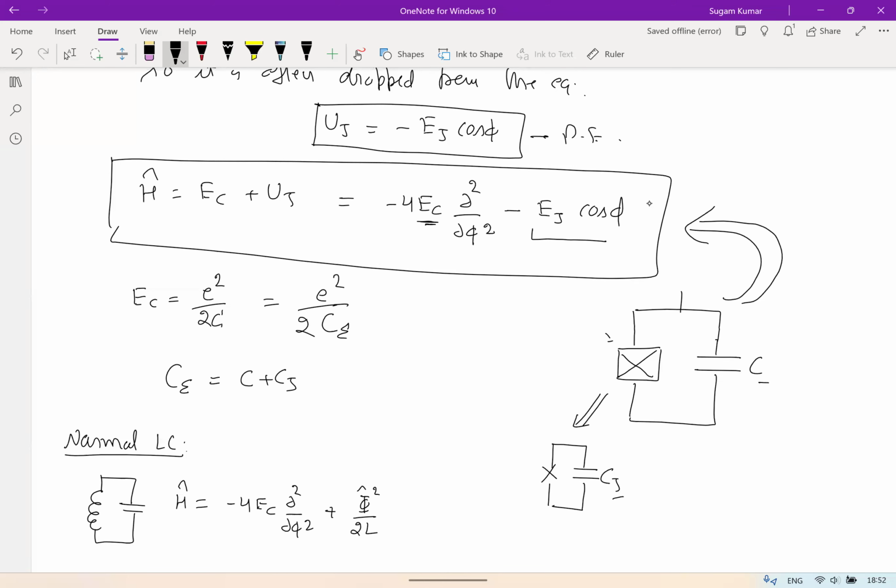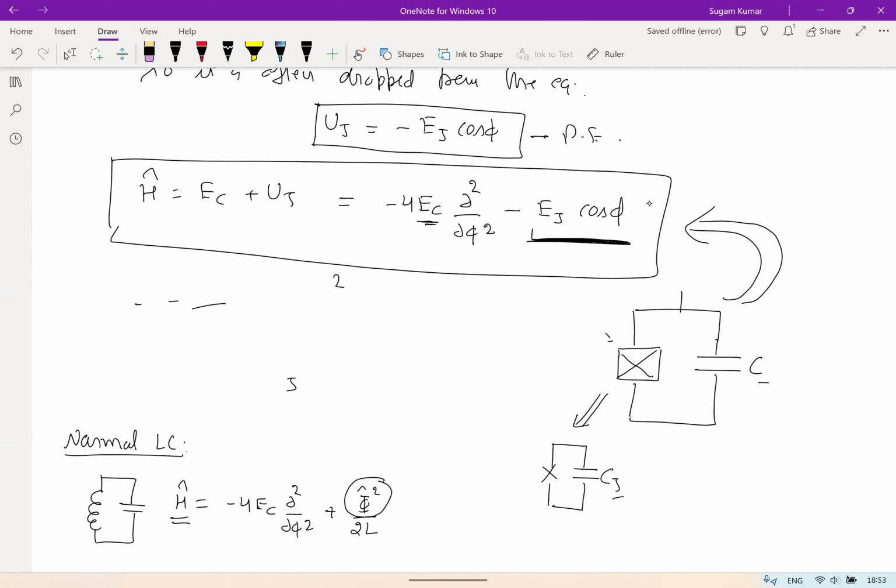You can see that this energy is proportional to phi square, it is parabolic. But in our case, this energy is actually non-linear. It is a cos phi.